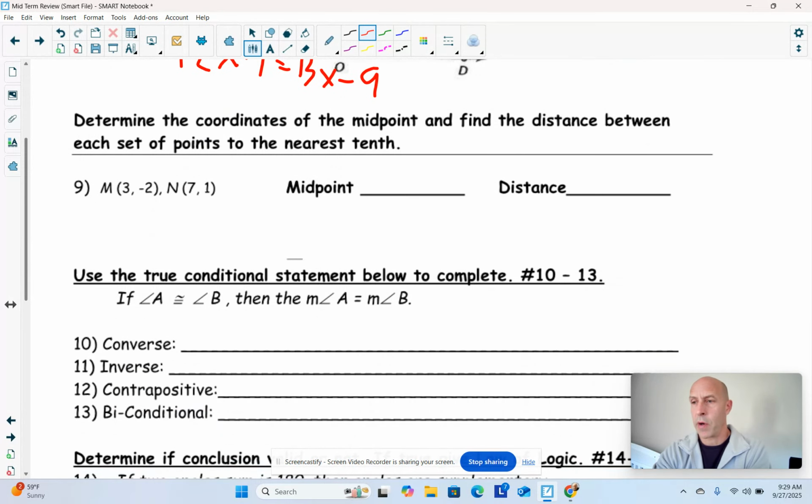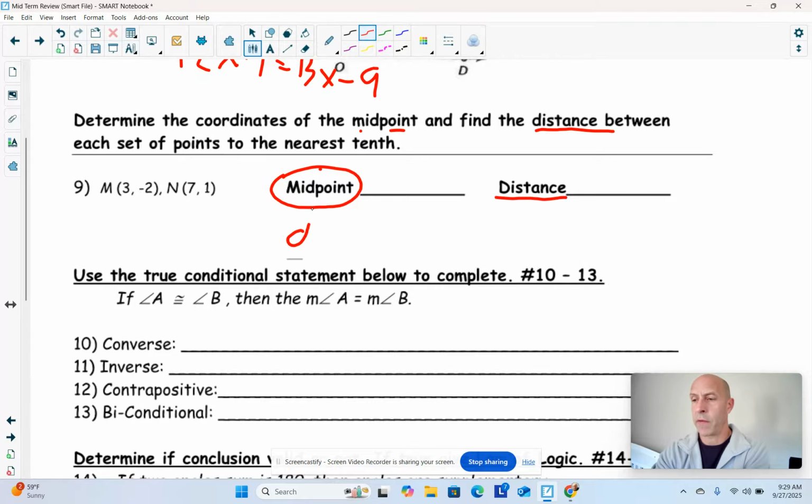Skipping ahead to number 9, we're looking for the midpoint and the distance between this set of points. I'm going to leave the midpoint. You'll use the midpoint formula to do that one. I'm actually going to look at the distance formula.